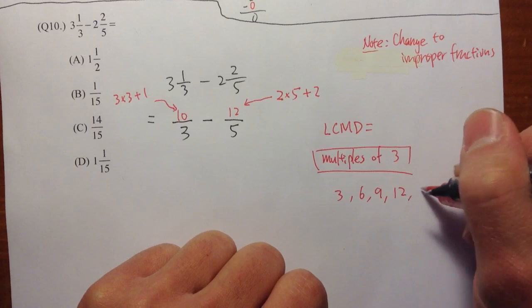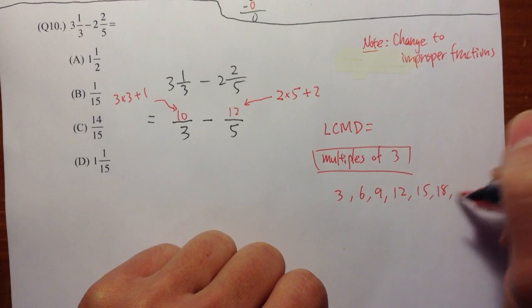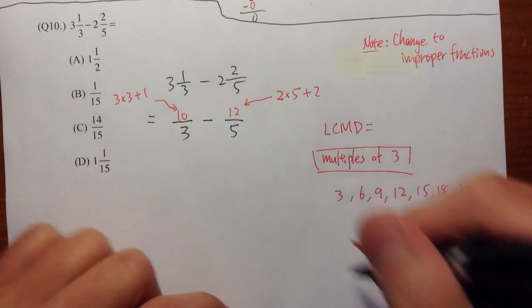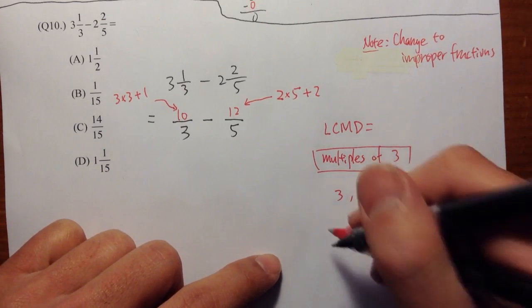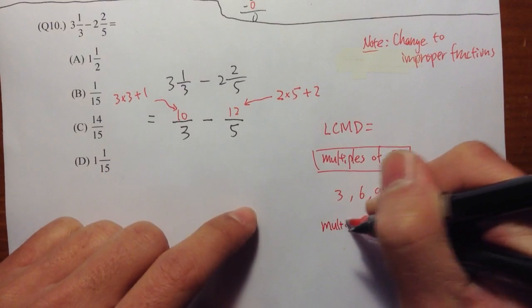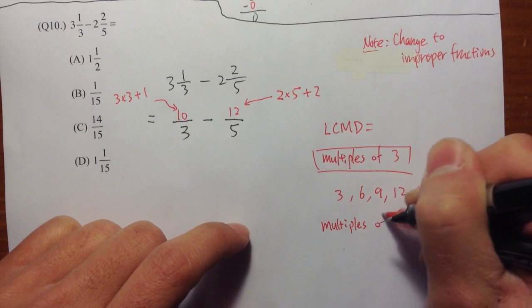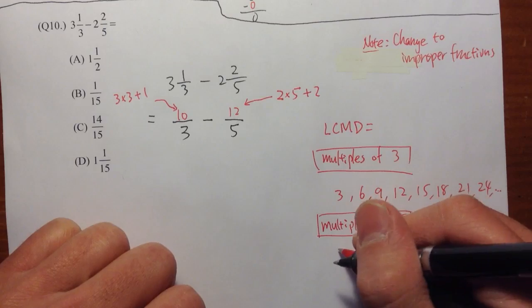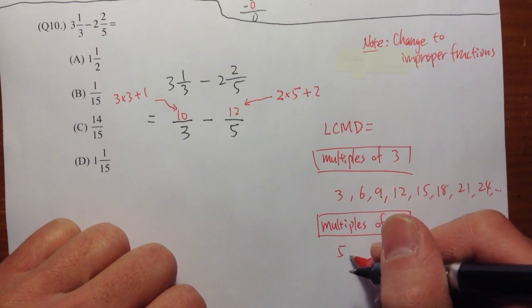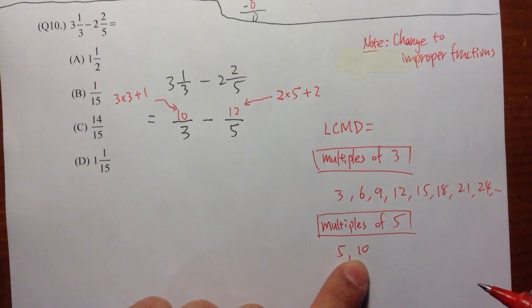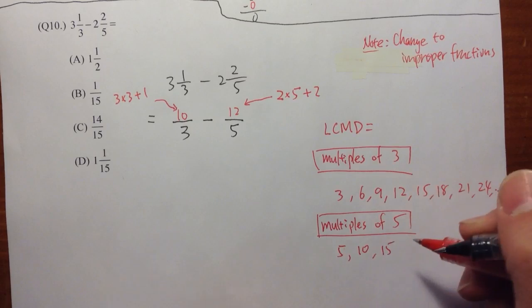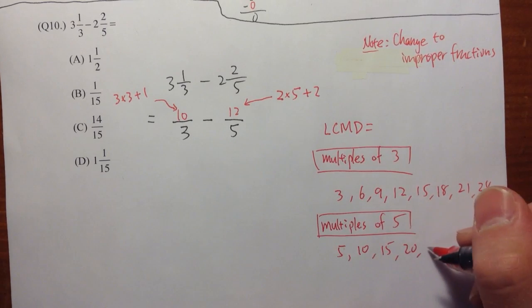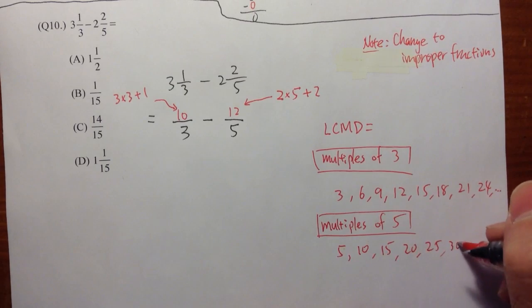And then you have 12, 15, 18, 21, 24, and so on. So just write down a few first. Another one we're going to look at is the multiples of 5. For that, you start off with 5. The next one is 10, because 5 times 2 is 10. And then 15, because 5 times 3 is 15. And then 5 times 4 is 20. And then 25 and 30 and so on.